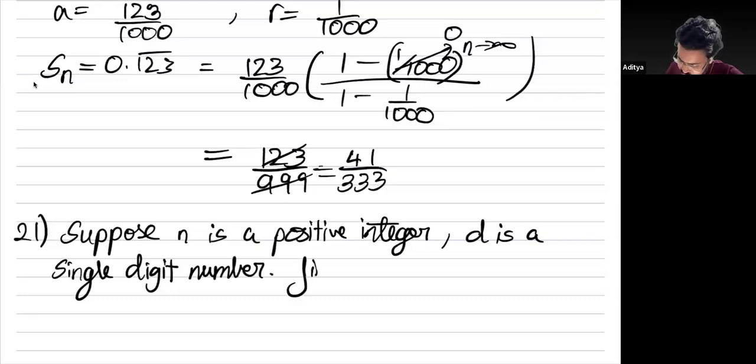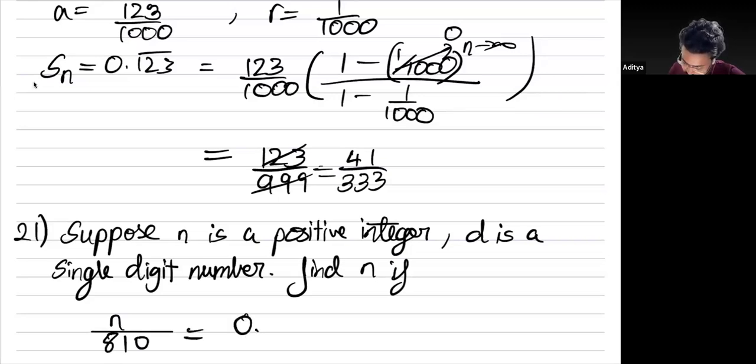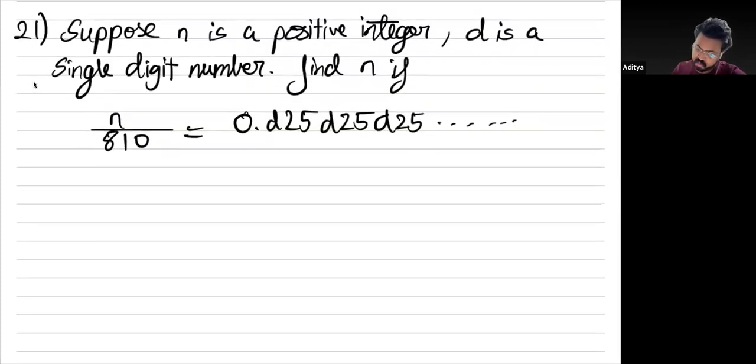Find n if n upon 810 is equal to 0.d25 d25 d25 and so on. So this is our infinitely repeating decimal expansion, that is equal to n upon 810. You have to find the value of n if d is a single digit.